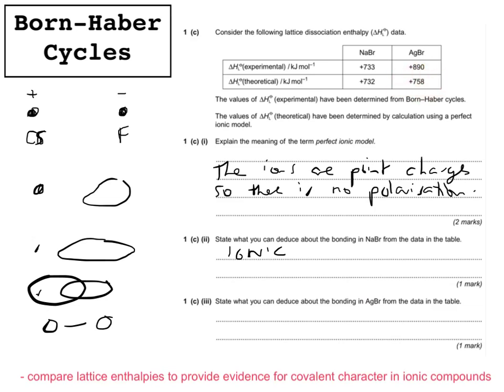So the difference between those two values shows you there is some covalent character within that compound. So you can say it's ionic, but with some covalent character, i.e. there is polarization occurring between the silver ion and the bromide ion.